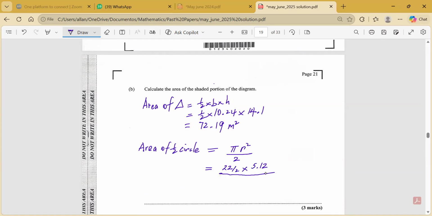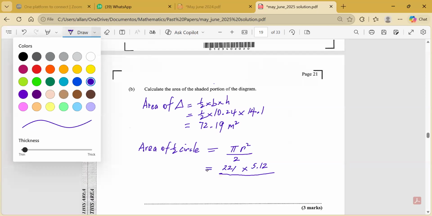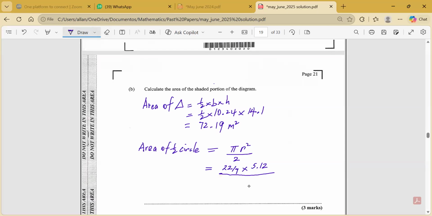Divided by 2, of 22 over 7. Let me write this properly: 5.12 squared divided by 2. All right, go ahead, everybody. So that will be the area of the half circle.